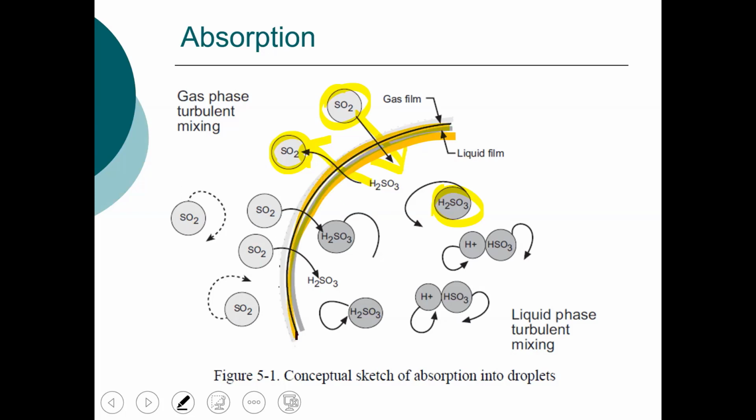So you probably can imagine, the greater the surface area of this gas film, the greater the mass transfer. So we want to minimize, for instance, in this case, the water droplets. So we're looking at moving it from the gas to the liquid. We want to minimize the droplet size so we can maximize the surface area to volume ratio.